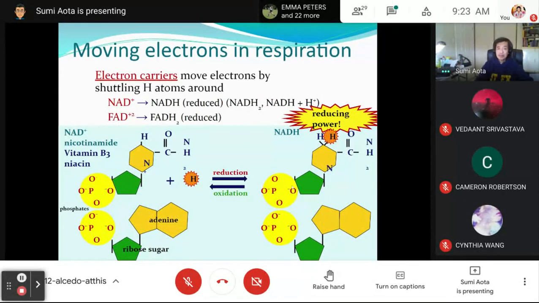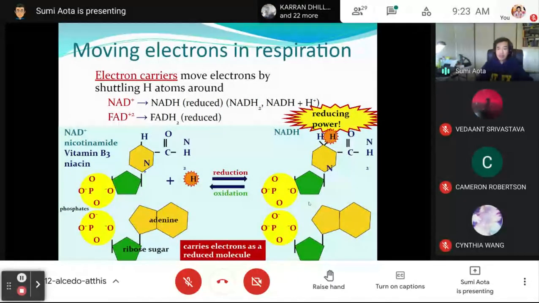So we actually do form a new bond here, and then we also carry another hydrogen ion with it. So we're now carrying the electron in this molecule as a reduced molecule.